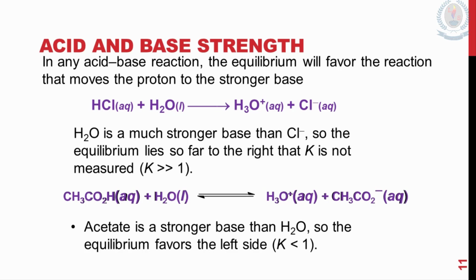Here acetate is a stronger base than H2O, so the equilibrium favors the left side. K is less than 1. Okay, that is about acid and base strength and their equilibrium constants and how the position of equilibrium moves between the forward and backward reactions.